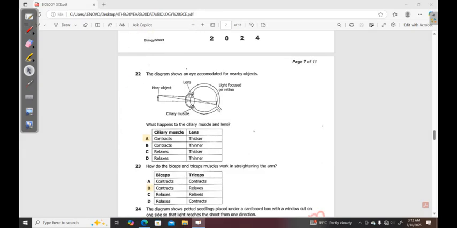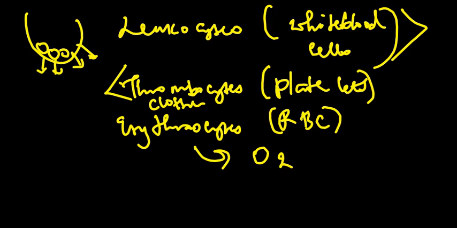22. The diagram shows an eye accommodated for nearby objects. What happens to the ciliary muscle of the lens? Okay, so here we want to see an object. We want to accommodate a nearby object, right?